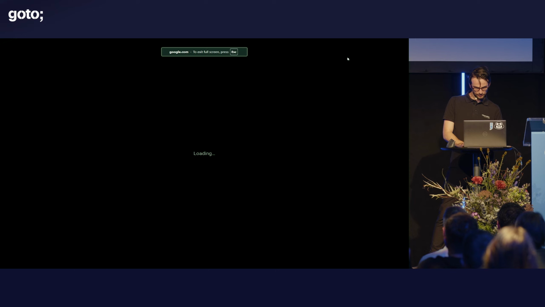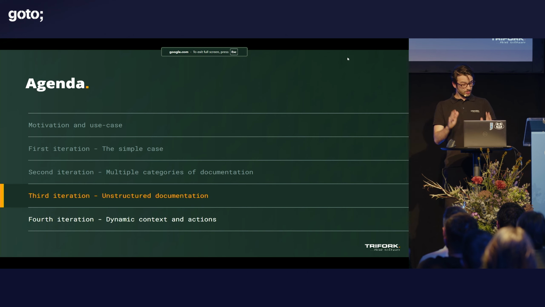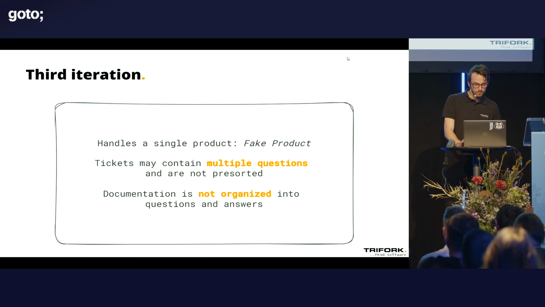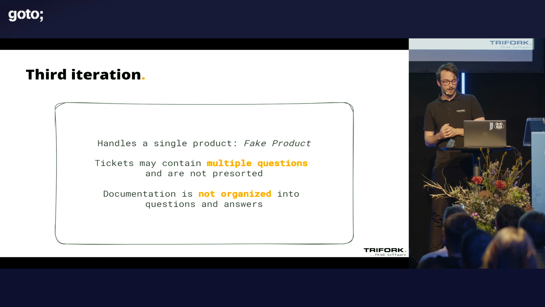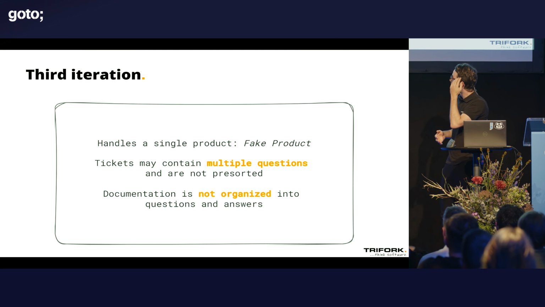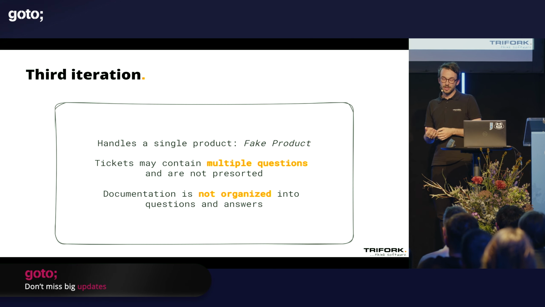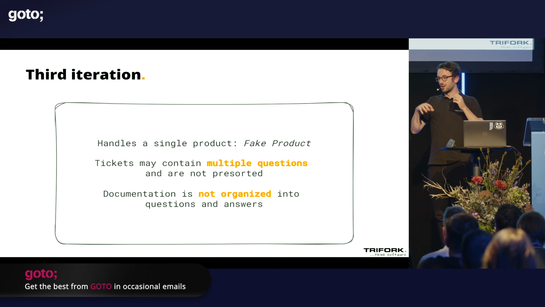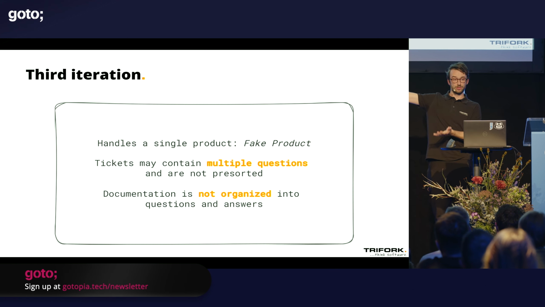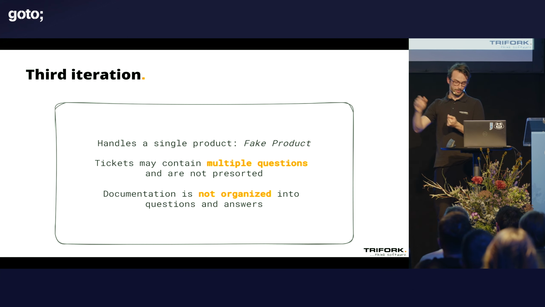All right, so let's look at the next iteration. Again, we're going back to one product, and the tickets may still contain multiple questions, but now we don't have very organized documentation. This is probably more likely the way documentation will be supplied, because usually it's not made for answering questions. It's just made as knowledge about something that you need to answer questions about.